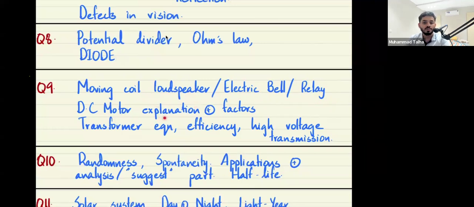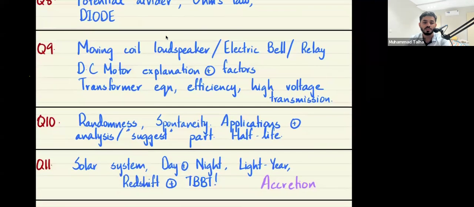DC motor explanation and the factors which affect the rate of rotation. This can also come in, because AC motors, AC generators have been coming in for quite some time. So I feel like this is the session in which DC motor reappears. Transformer equation, efficiency, and the ideas of high voltage transmission.